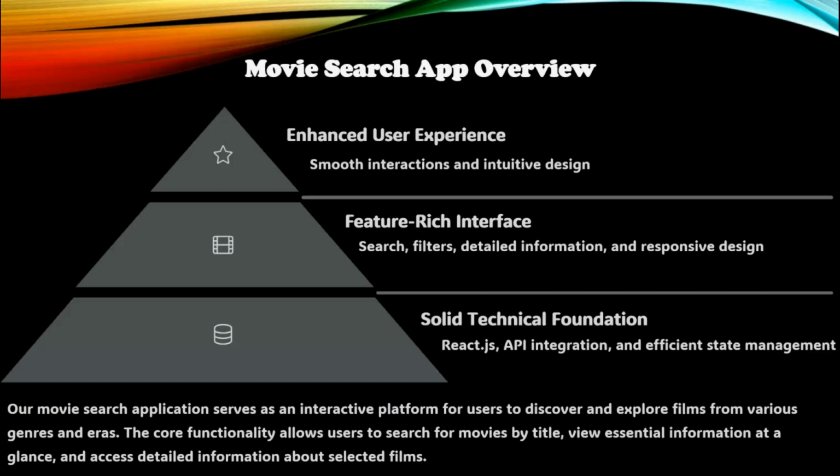Third is the feature-rich interface, which has four main components: search, filters, detail information, and responsive design. We can search for movies throughout the app, and then we have filters to apply for what we need in the movie search. Next is the information about a single movie. When we click on a movie, it will give the detailed information of that movie, and the responsive design covers colors, backgrounds, images, and some other images too.